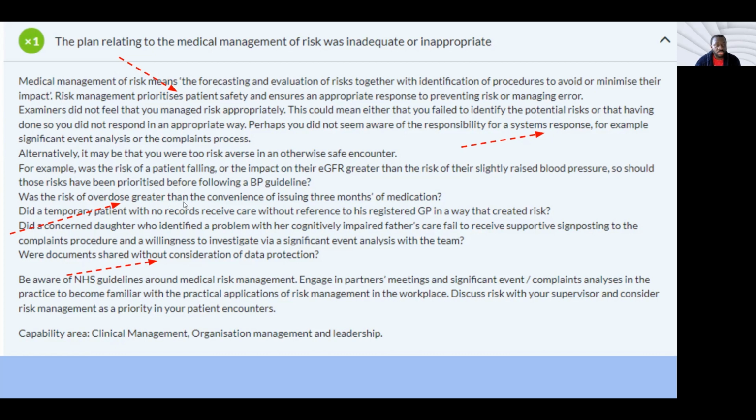Was the risk of overdose greater than the convenience of issuing 3 months of medication?